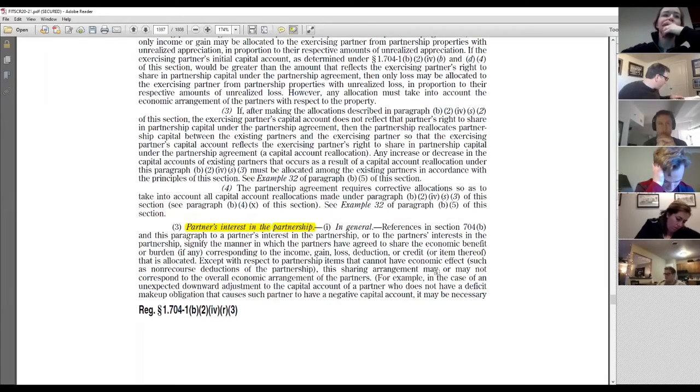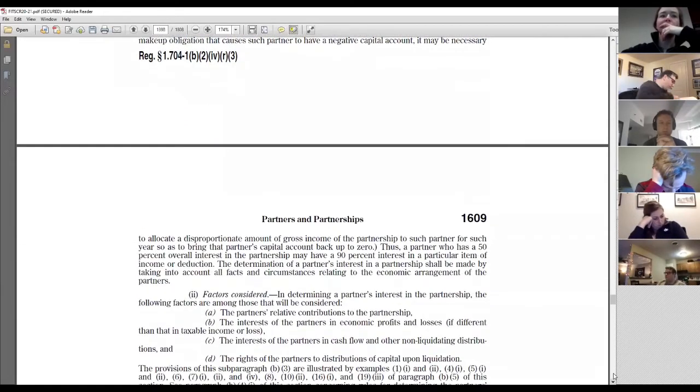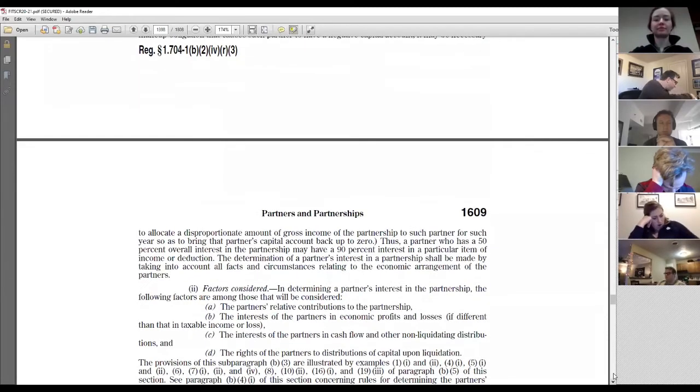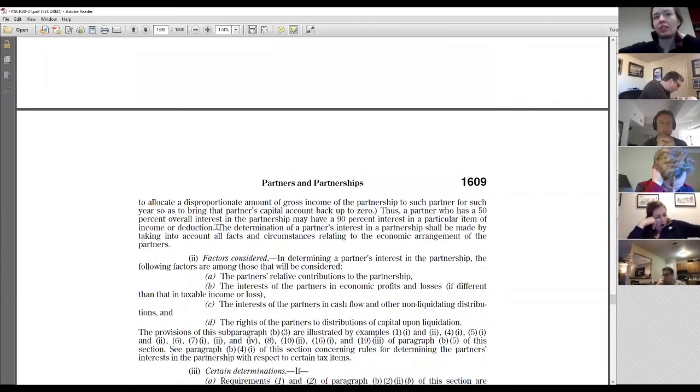And we have some general throat clearing stuff. The manner in which the parties have agreed to share the burden doesn't really tell you much here. Here we got our sentence Scalia would love.